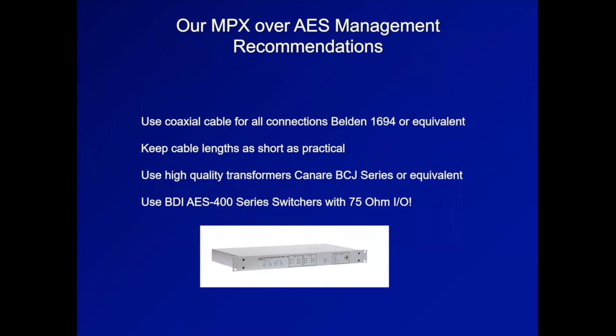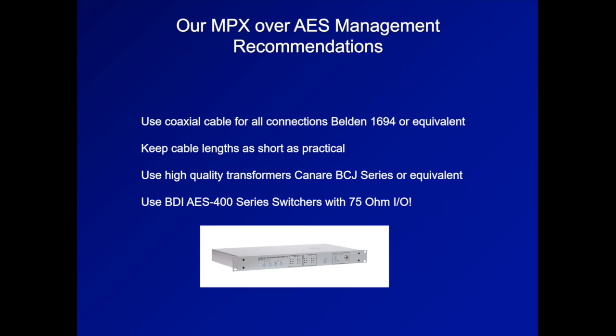So this is our recommendation for multiplex over AES. Very simply, we do not recommend that you use 110 ohms. We recommend that you use coax, that you do transformation down to 75 ohms as soon as you can, and then you pass your signals over 75 ohm cable. Because you can do that.